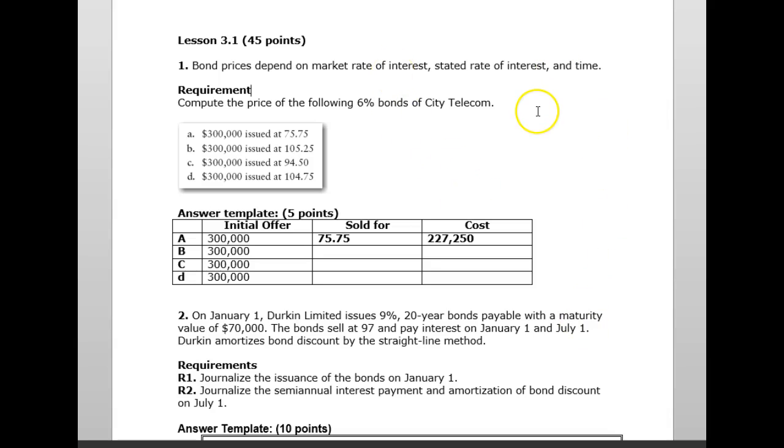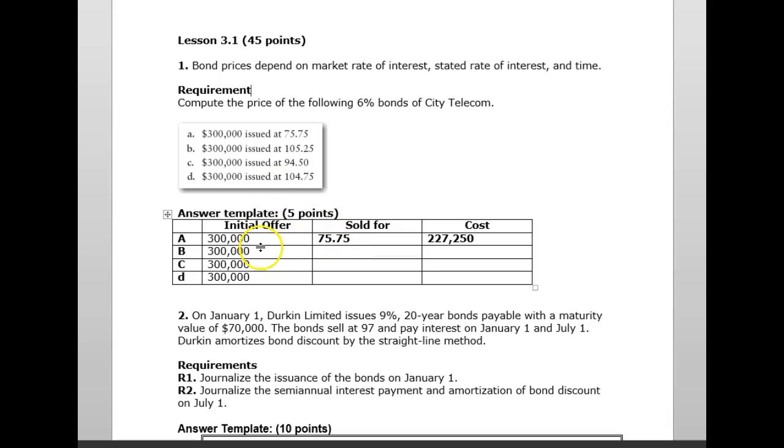So what you can imagine here is, let's say we had a bond for $300,000. We've written it at 6, okay? But the market's paying 8 or 9. So we've discounted that bond so that it makes up for that difference.